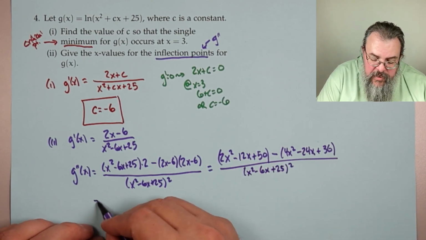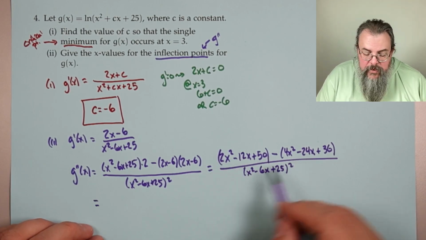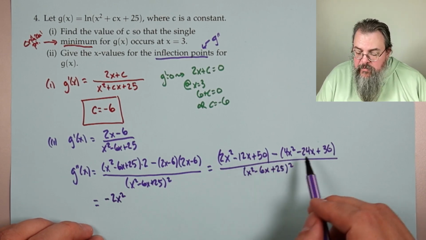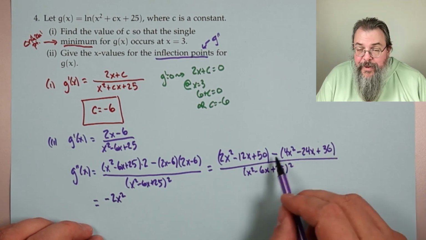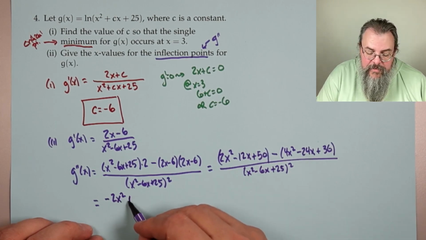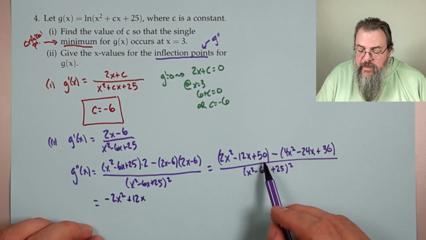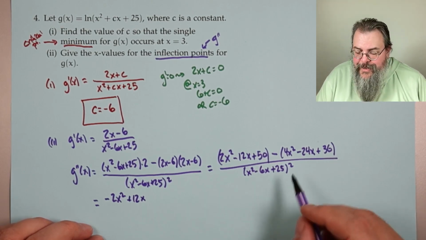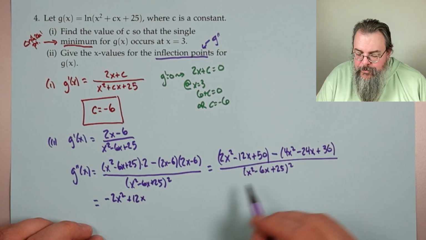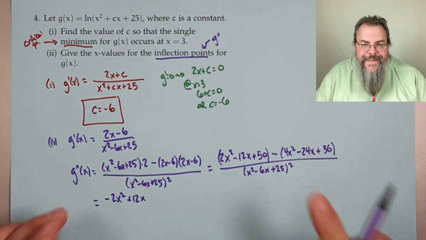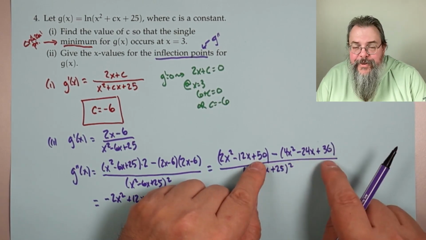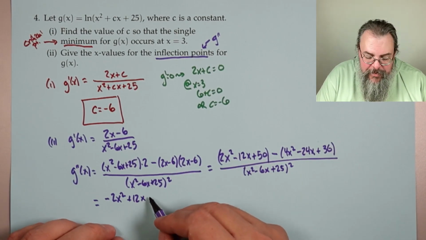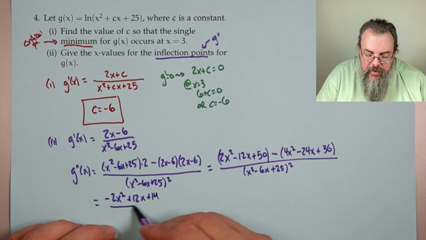Well, that becomes 2x squared subtract 4x squared is minus 2x squared, minus 12x minus minus 24x becomes a plus 12x, and 50 subtract 36 would be 24, right? Yeah. No, wait, hold on. Let's make sure we get this right. 50 subtract 36 would be 14. Okay, good. We want to make sure we have the right numbers.